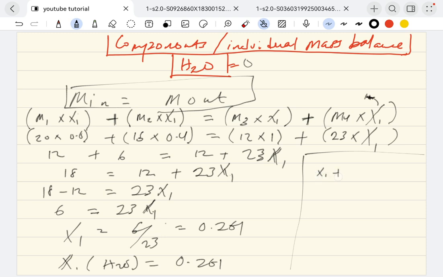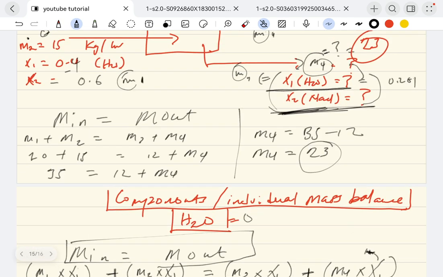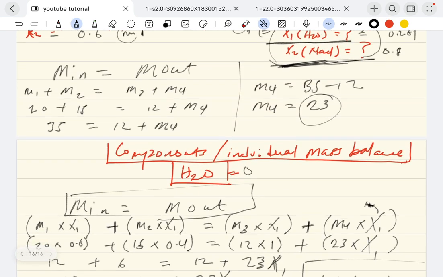So 0.261 plus x2 is equal to 1. Then our x2 is simply 1 minus 0.261, which is 0.739.